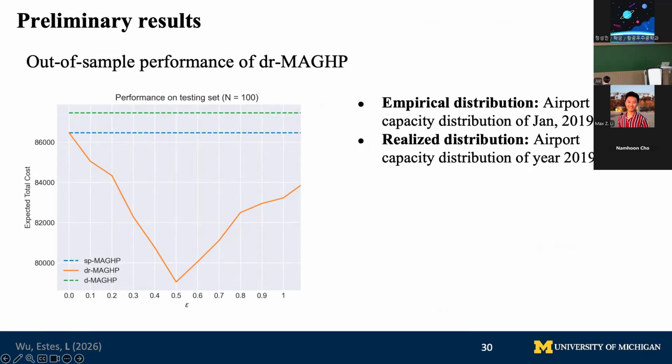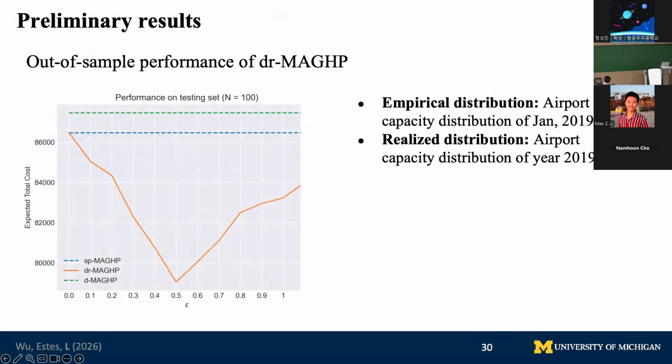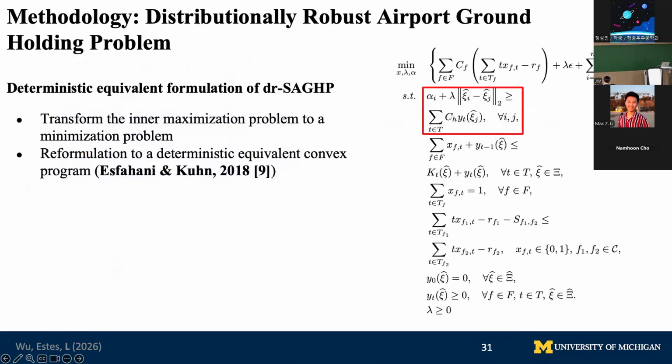Okay, now let's go back to the third one. Remember what I said, you solve this once and you get 1 point on the curve, because you solve this problem for a single fixed epsilon size. This problem on my student's laptop takes about 2 to 3 hours.